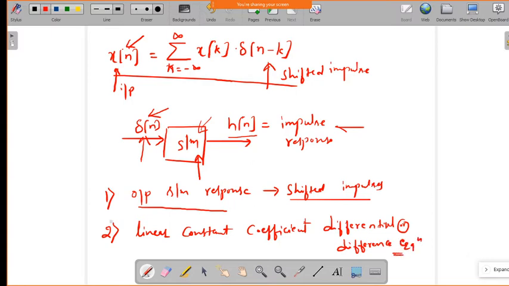We are going to compute the output of the system with respect to the input in terms of a differential or difference equation. The third one is using block diagram representation.